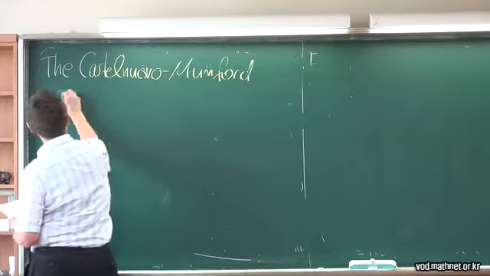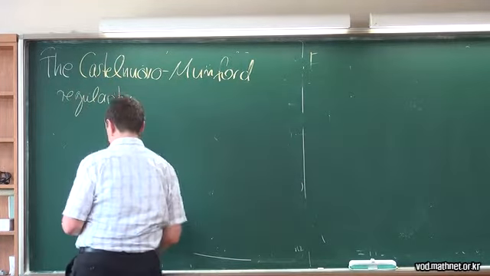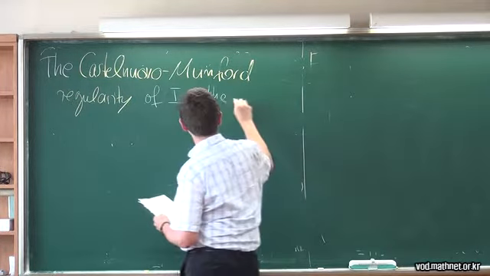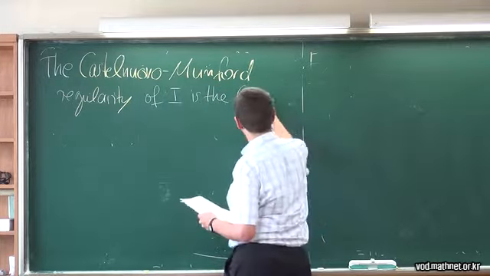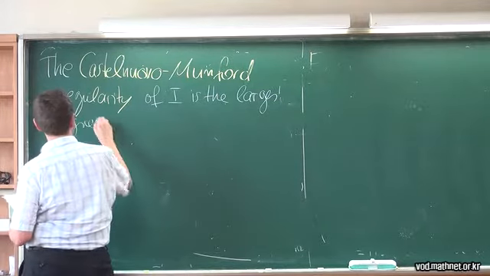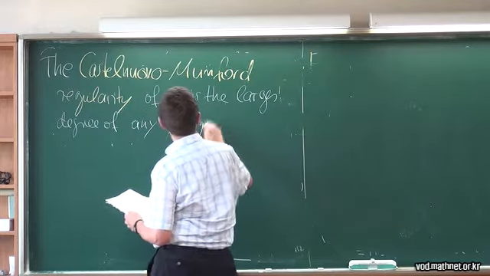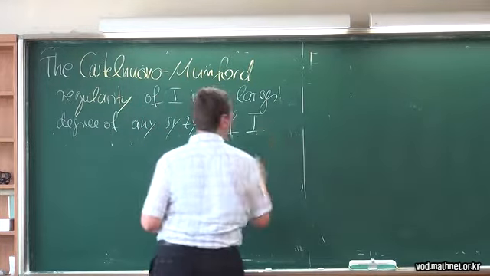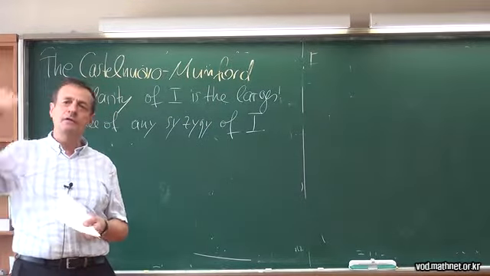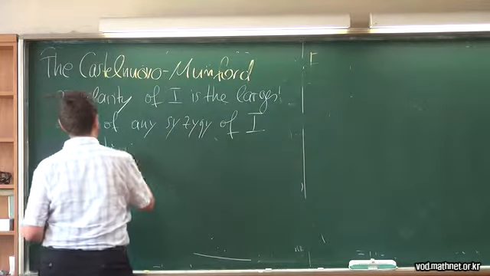So the so-called Castelnuovo-Mumford regularity of I is the largest degree of any syzygy of I. To be precise, you look at all the jth syzygies, and you look at their degrees, the largest degree, and you subtract j. Right? So that's exactly the height of the Betti table.